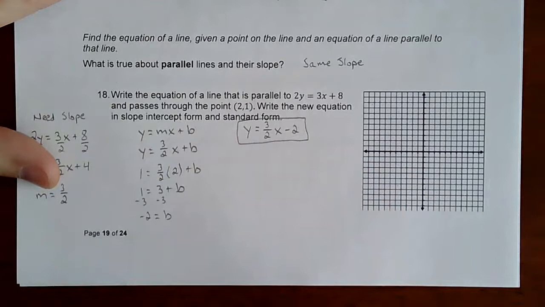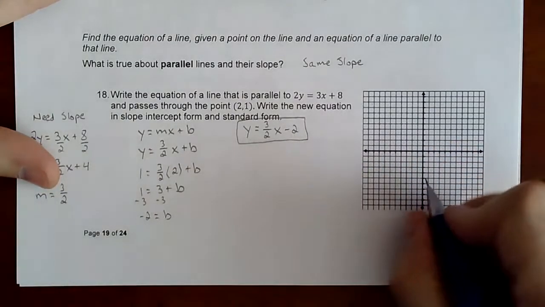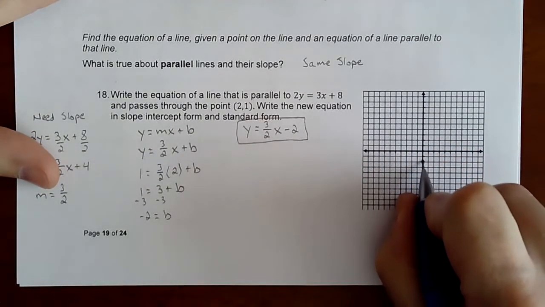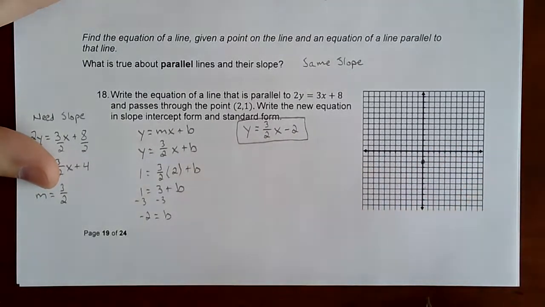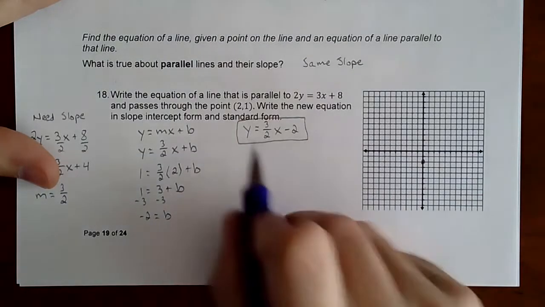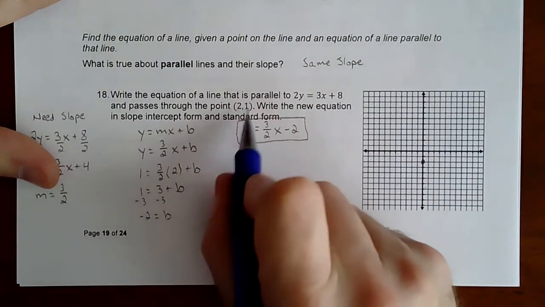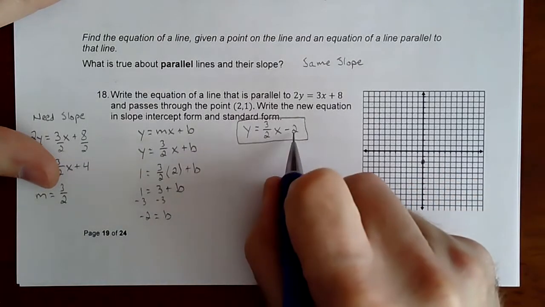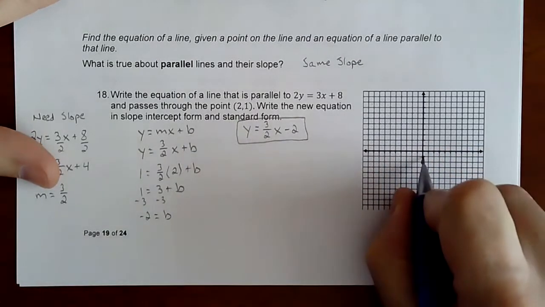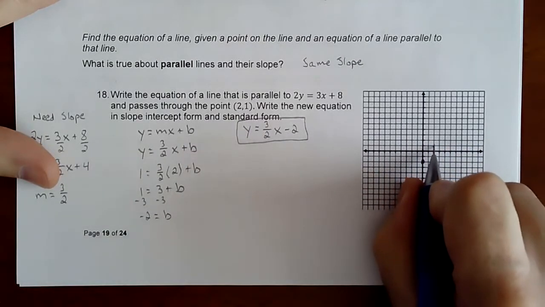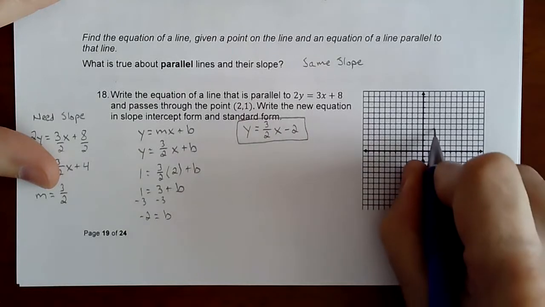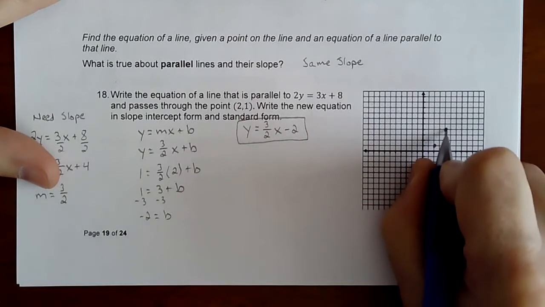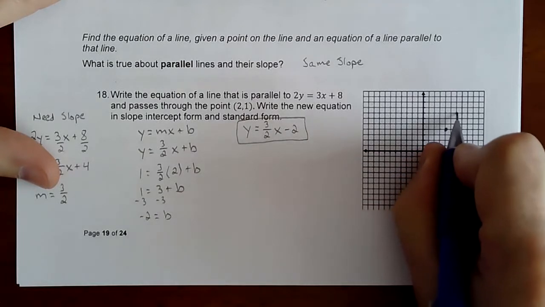All right, so let's graph that. If we graph that, that line would have a y-intercept of -2. And also, by the way, it's supposed to pass through that point. So we'll come back to that in a second to really double check. So this graph has a y-intercept of -2, and then we would go up 1, 2, 3 over 2, up 1, 2, 3 over 2, 1, 2, 3 over 2.